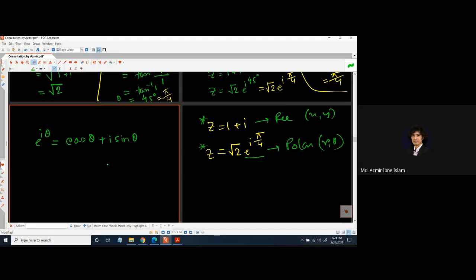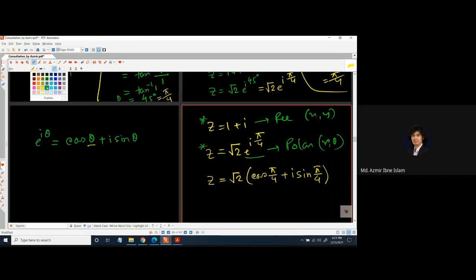So using this formula, we can easily write root over 2 cosine pi over 4, that means cosine theta, where our theta is pi over 4, plus i sine pi over 4. This is another representation of the same complex number. So we have expressed the same number in 3 different ways, but the meaning is the same.